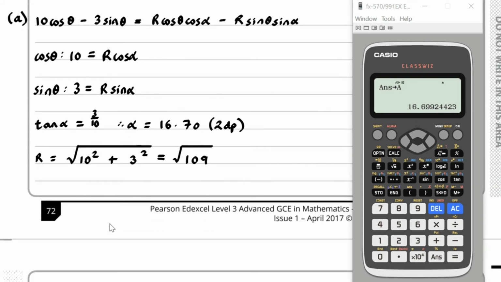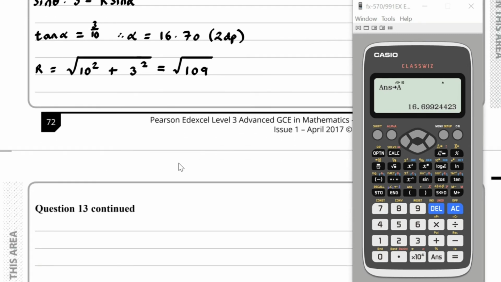So when we come to express this result in the required form, we can therefore conclude that 10 cos theta minus 3 sine theta will equal the square root of 109 times the cosine of theta plus 16.70.